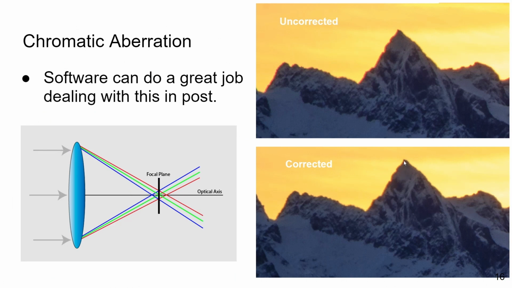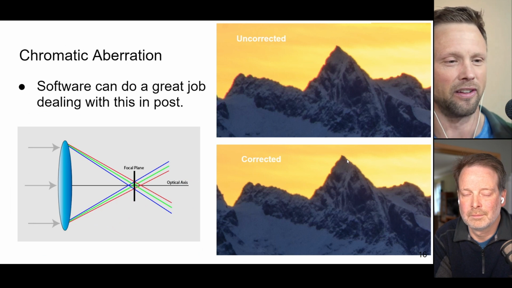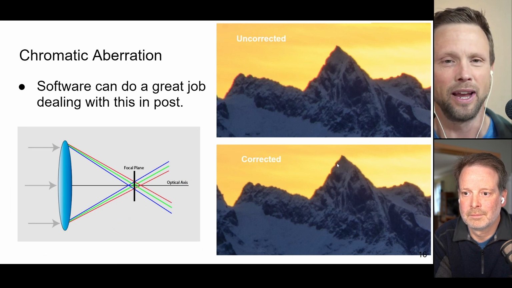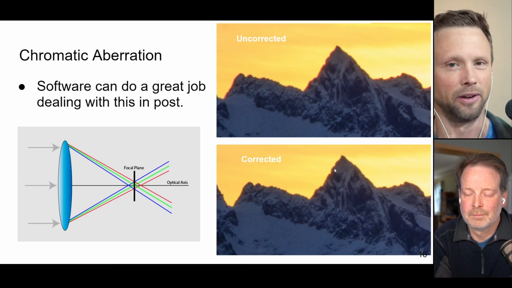It's not perfect, the edge still isn't completely sharp because of the chromatic aberration, but at least that annoying color isn't there. So selecting a lens that has good chromatic aberration control is important, especially if you want that really sharp edge detail on high contrast boundaries.